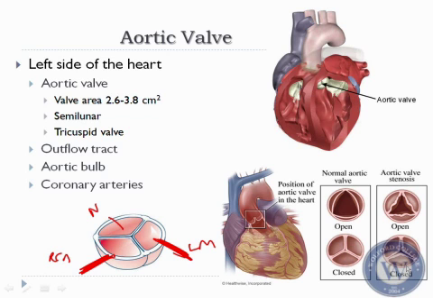And this one is called NCC. What do you think that's called NCC for? Non-coronary cusp. Okay? This one will be called LCC, left coronary cusp, and that would be RCC, right coronary cusp. Okay?